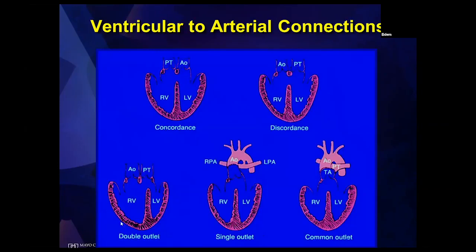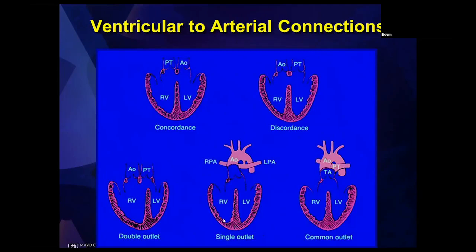When we look at a double outlet ventricle, that means that both great arteries are more than 50% committed to one of the ventricular chambers. In this example, this would be double outlet right ventricle because the aorta as well as the pulmonary trunk are both more than 50% committed to the right ventricular chamber.